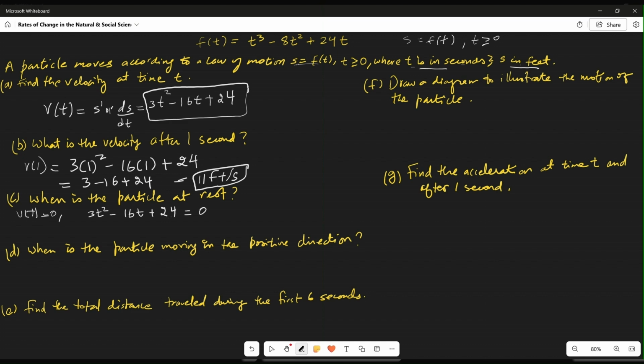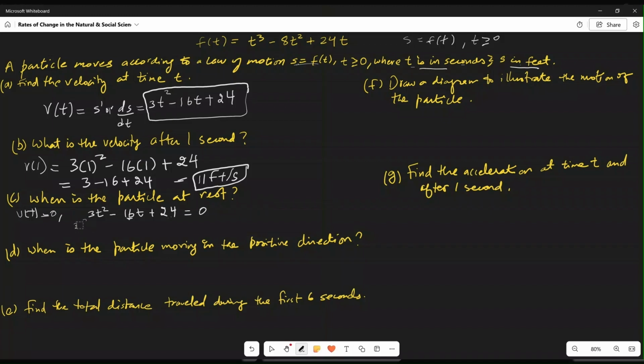What if we take 3 common here first? No. What if we write this as negative 14t? No, 3 is not a factor of this. So we have concluded that this quadratic equation does not factor.